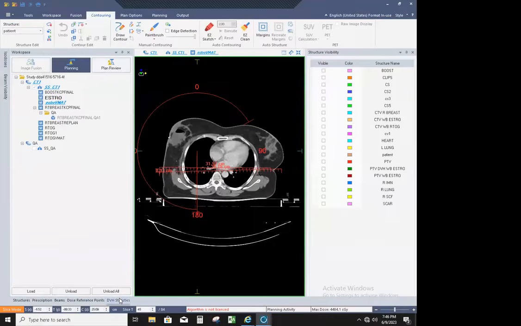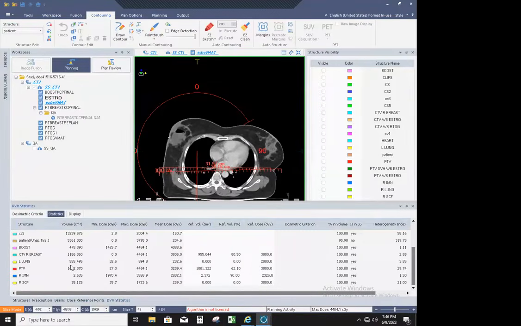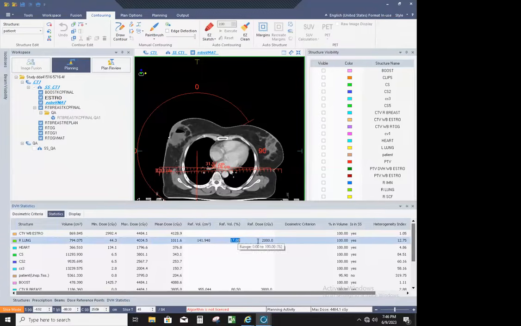And if you go for the DVH statistics, you see 20 Gray lung is 17%, but when you are going to treat, always see the low dose volume also, it is 29%, and the 5 Gray volume is also less than that.